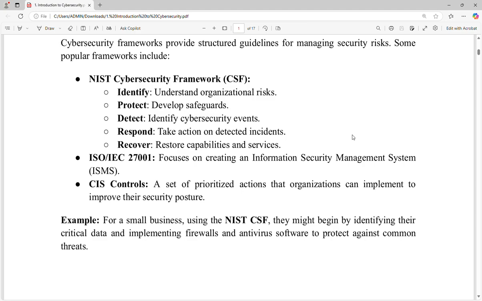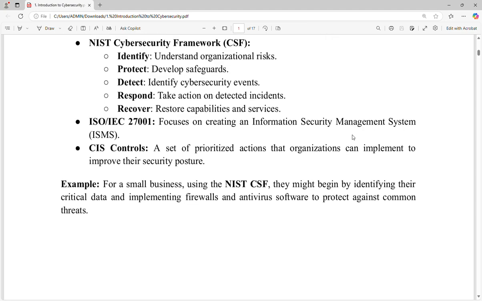So they need to identify their critical or classified assets, know the threats that leverage them, and implement security controls like antivirus, firewall, IDS, and IPS to protect the systems and data.